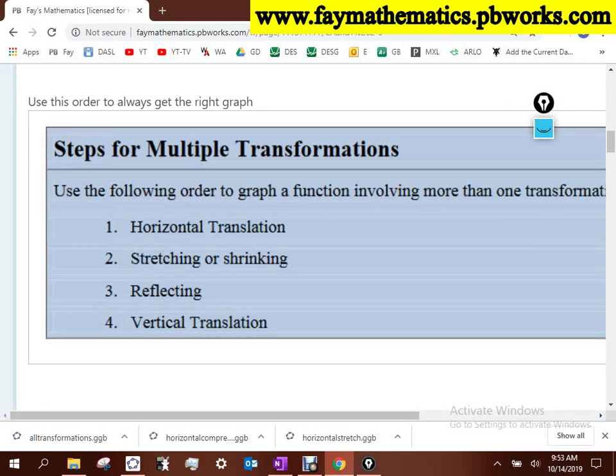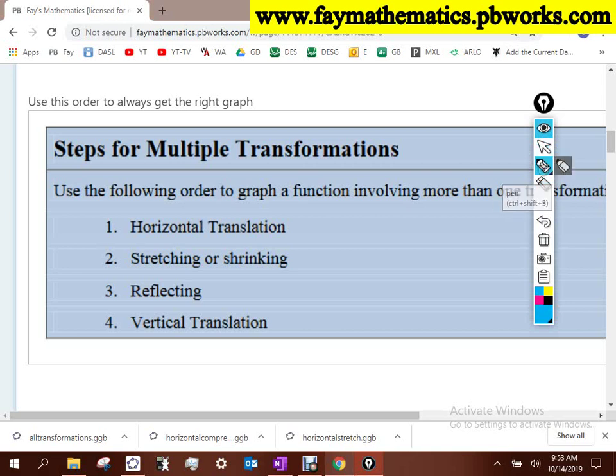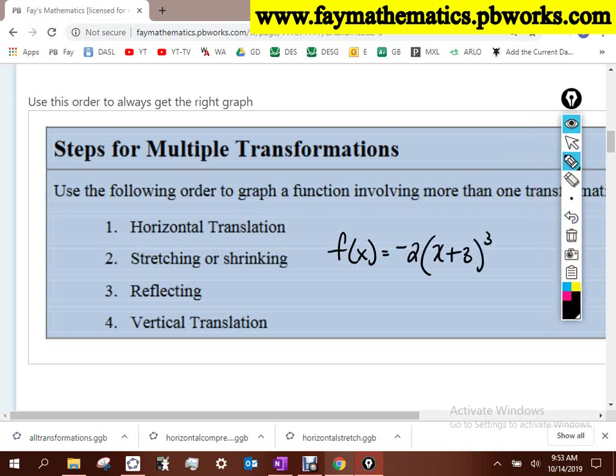So I might give you something like, let's say, f of x equals, maybe I'll go -2 times (x plus 3) to the third minus 4.